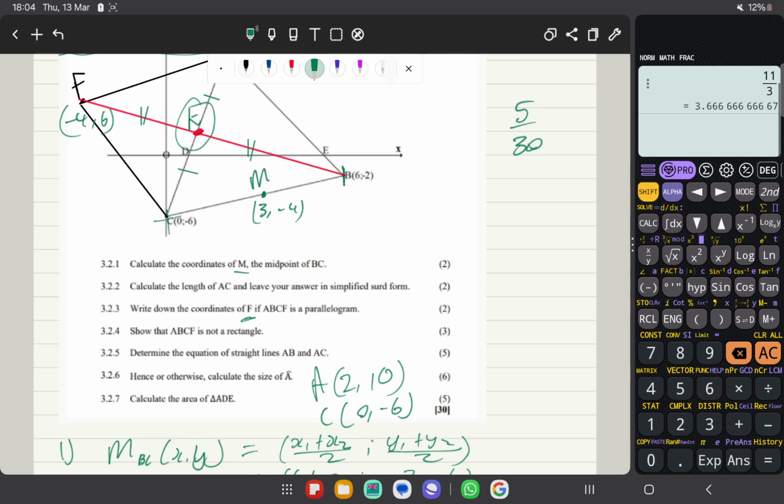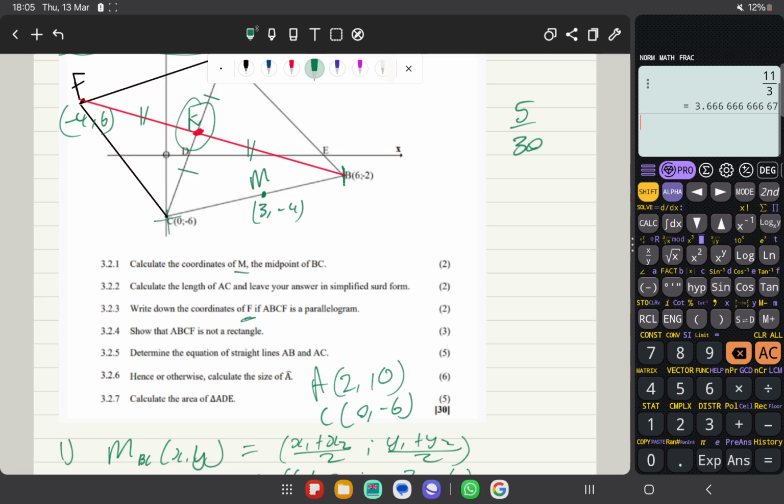So we have to do one of two things. We can maybe show that the opposite sides are not equal in size, but that is going to take long, calculating all of that.